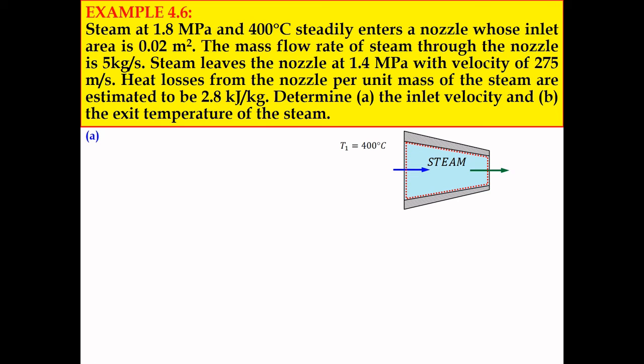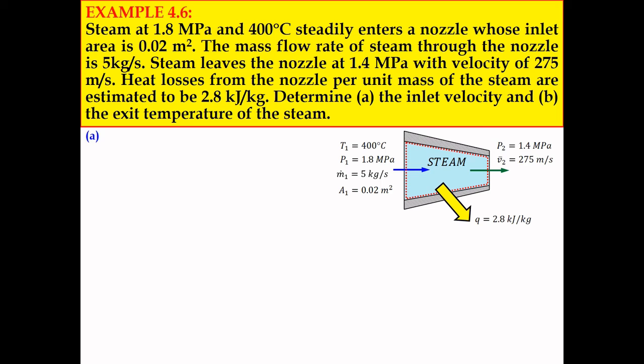T1 equals 400 degrees Celsius, P1 is 1.8 megapascal, the mass flow rate m1 dot equals 5 kg per second, and A1, the cross-section area at the inlet, is 0.02 meters square. The conditions at the outlet of the nozzle are P2 equal to 1.4 megapascal and V2 bar, the average velocity at the outlet, equal to 275 meter per second.